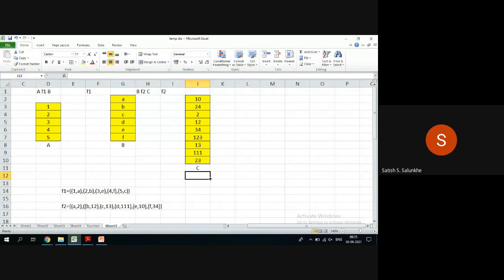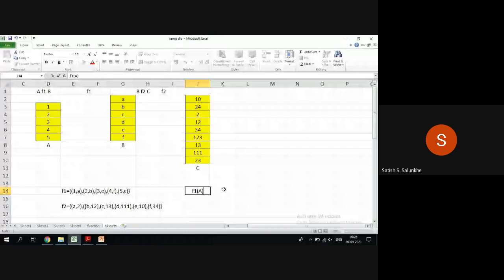And now what exactly we need to find out? Basically, what exactly we are doing here? For example, f1 of a, if I want to know, that is equal to what? That is equal to, sorry, not a, f1 of 1. That is equal to f1.